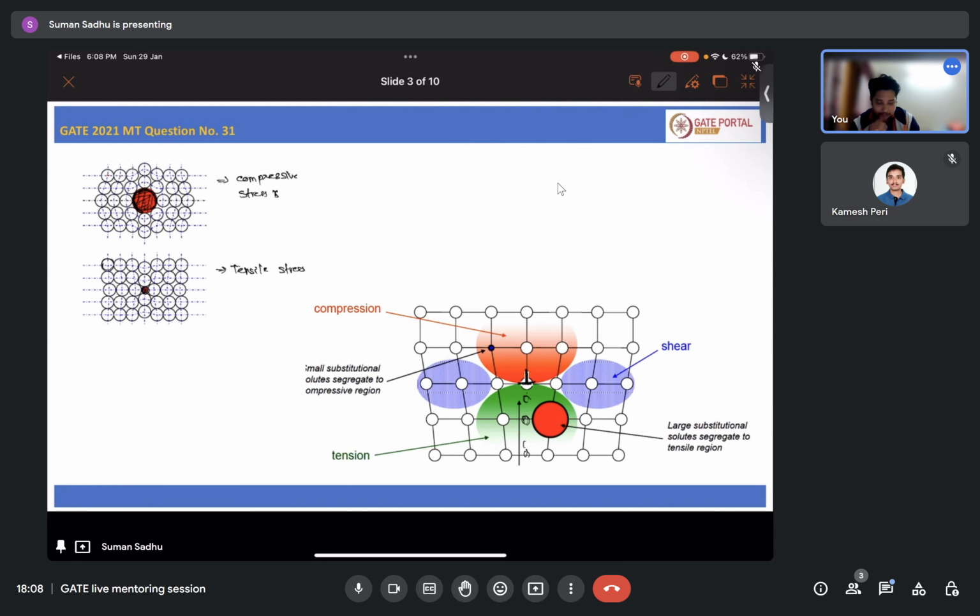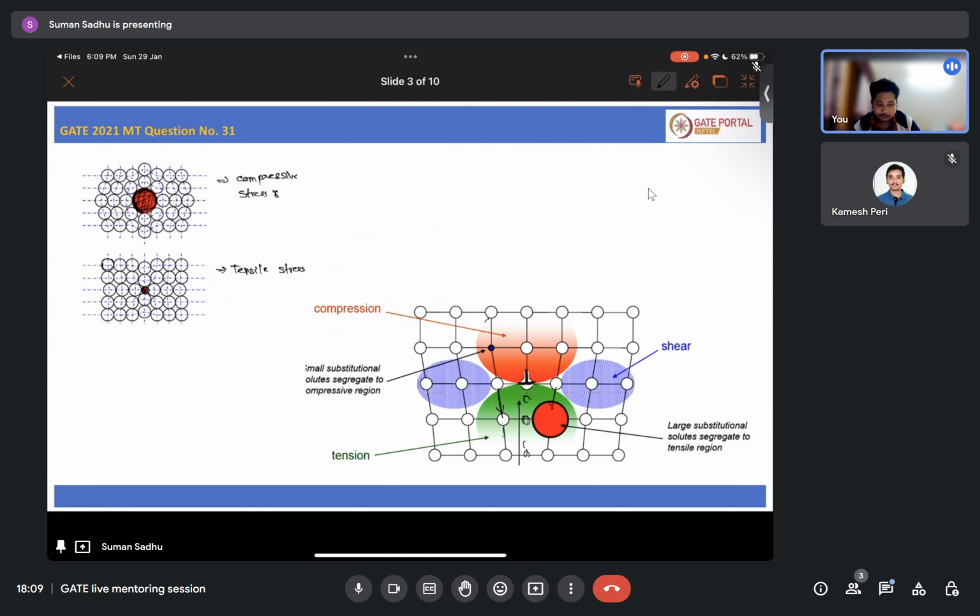That means the atoms are pulled towards this region, so the bottom half of your edge dislocation is under tensile stress. Similarly, the top half of the edge dislocation is under compression.